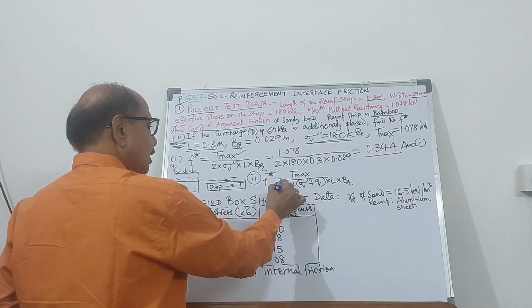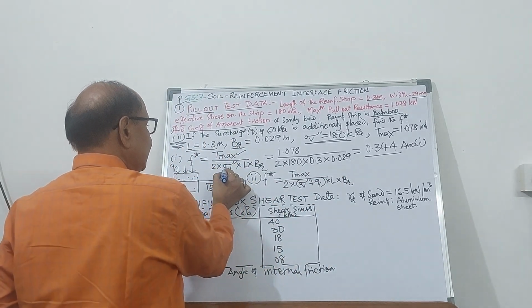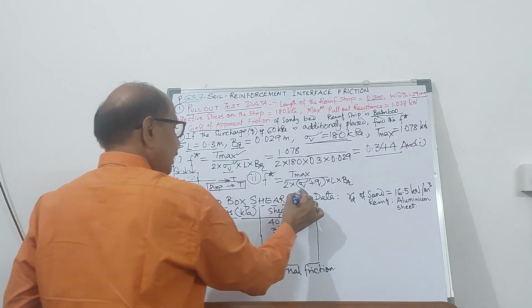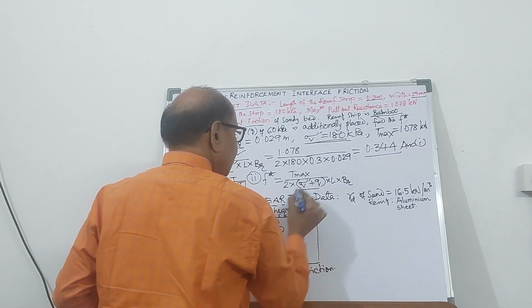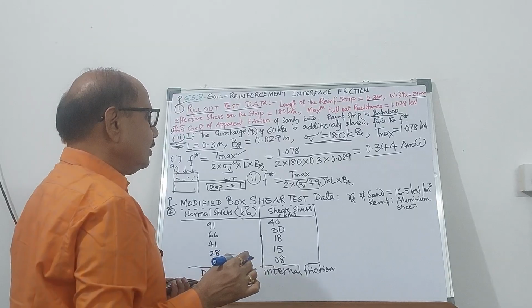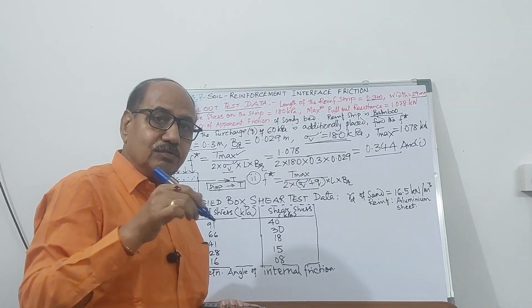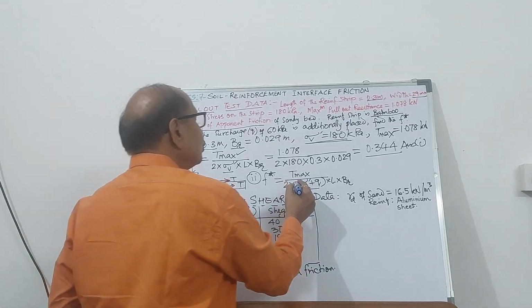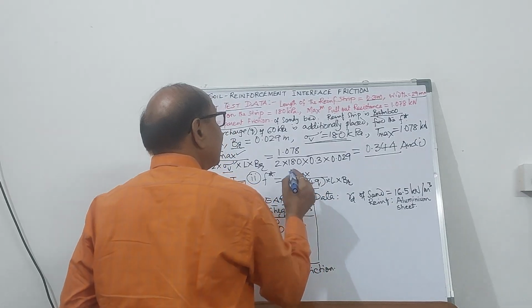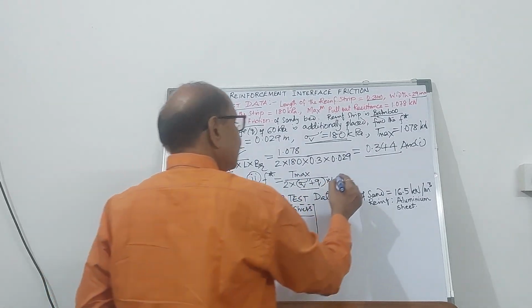So this is the formula now. There is a slight change here. The total vertical pressure over the reinforcing strip is the summation of the surcharge plus the effective vertical stress.